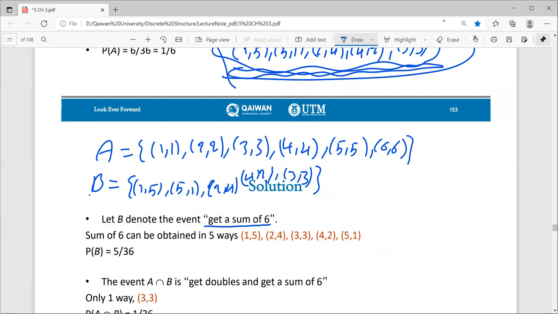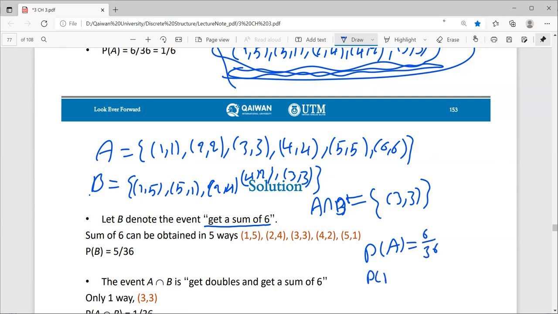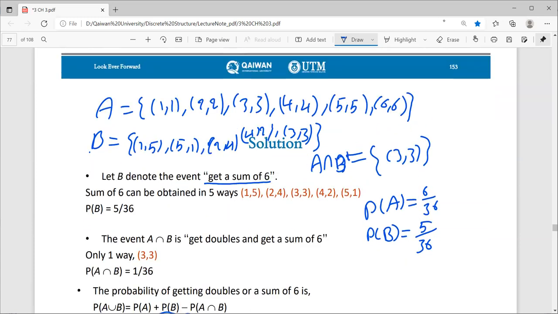Yeah, that's A, that's B, and A intersection B equals only (3, 3). So the probability of A is 6 over 36. Probability of B equals 5 over 36. Probability of A intersection B is 1 over 36.